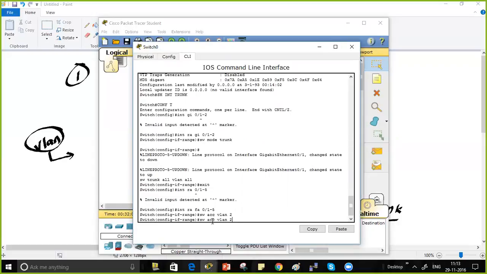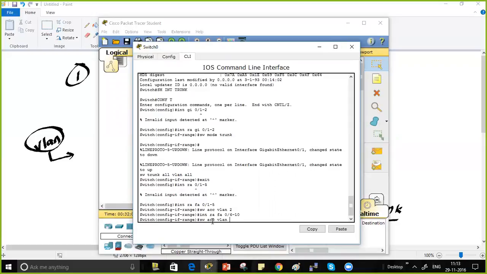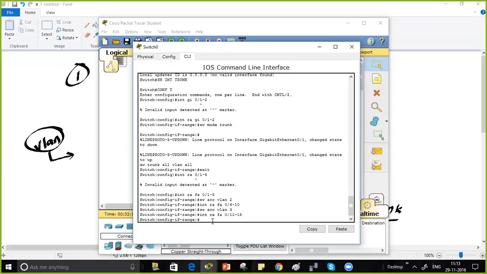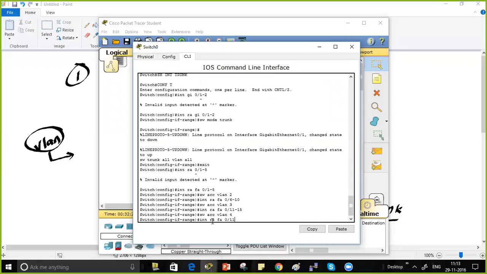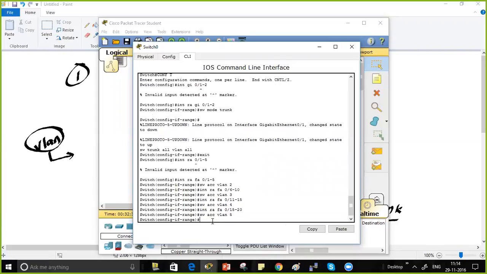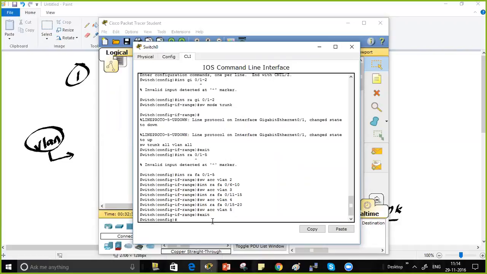And the same for interface range 6 to 10, VLAN 3. 11 to 15, VLAN 4. 15 to 20, VLAN 5. I have configured this in the server switch.